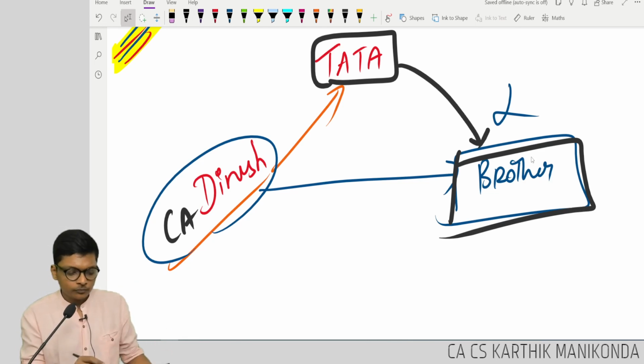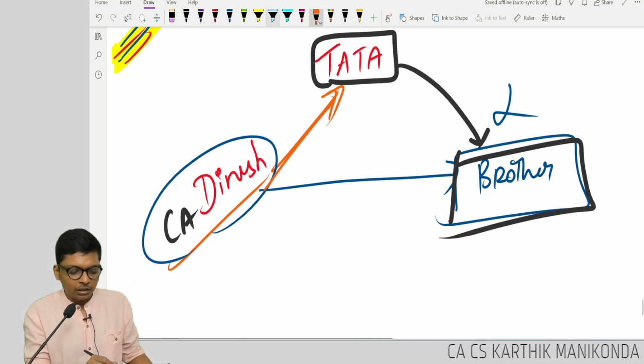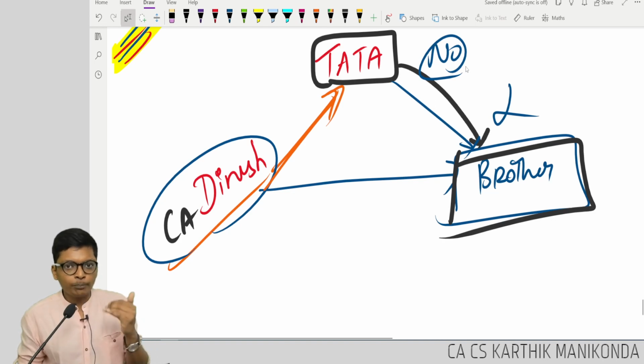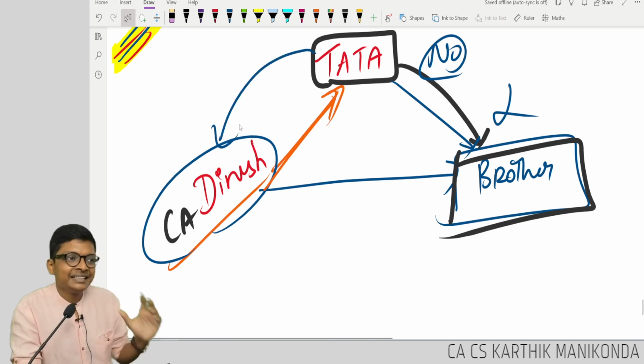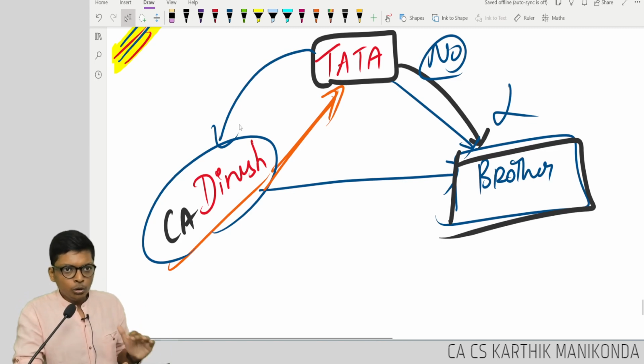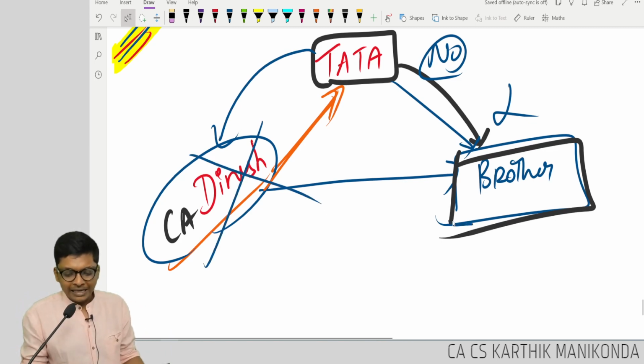Second scenario. Dinesh told Tata to pay the dividend to his brother. Tata said, no, not possible, and they communicated back to Dinesh. Now, on the date of declaring dividend, Dinesh closed his bank account and had only brother's bank account.